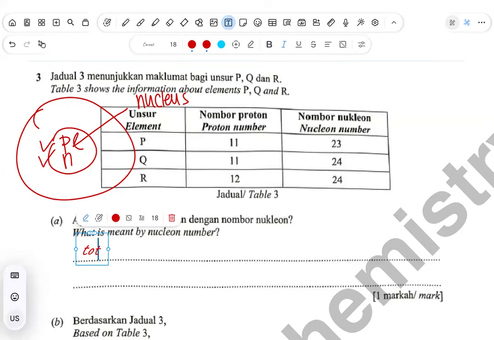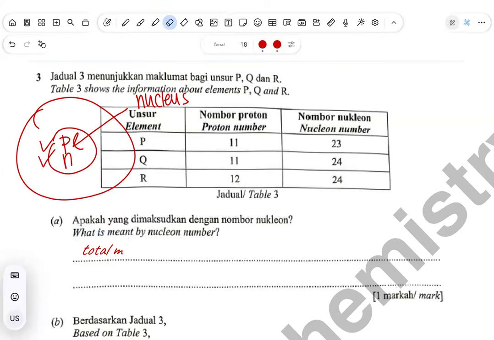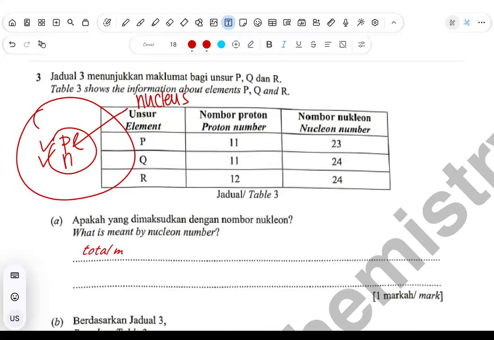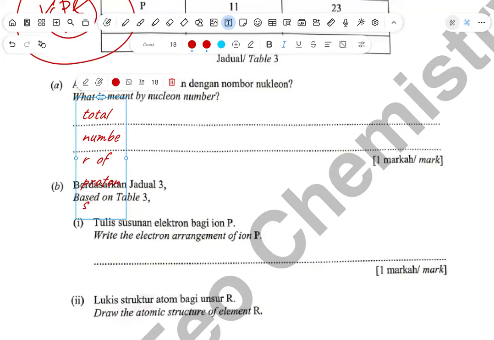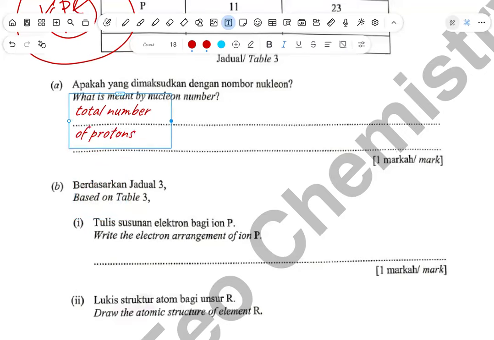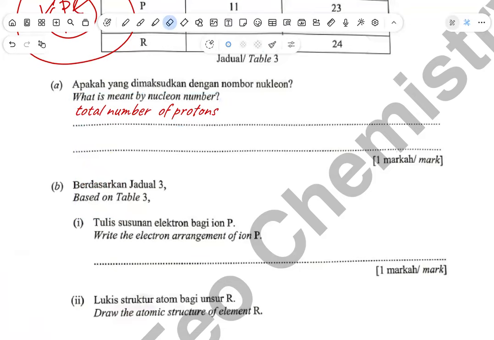They will say, nucleon number is the total number of protons.